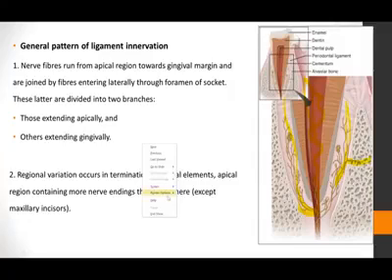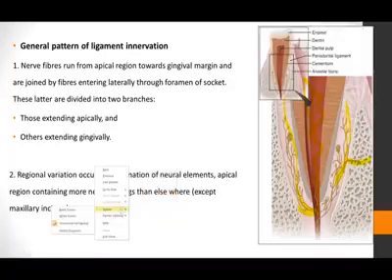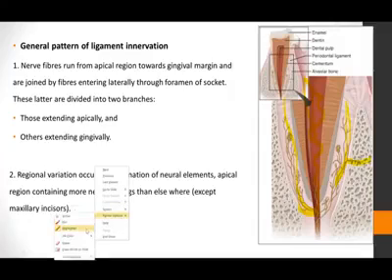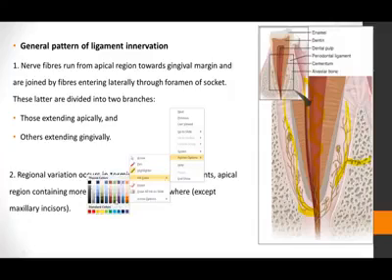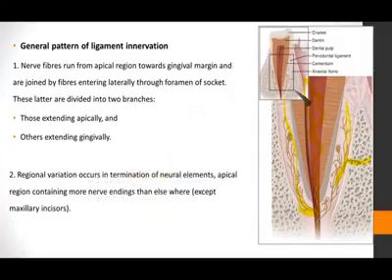Let me draw it again. So we have nerve fibers coming from the apex of the tooth and entering into the periodontal ligament and moving from this apical direction towards the gingival margin.